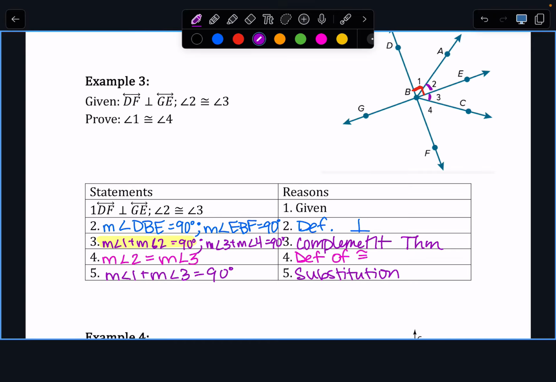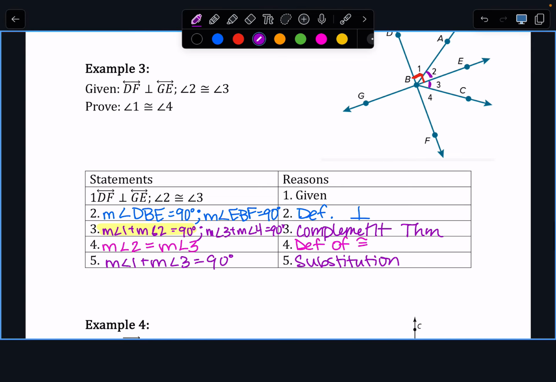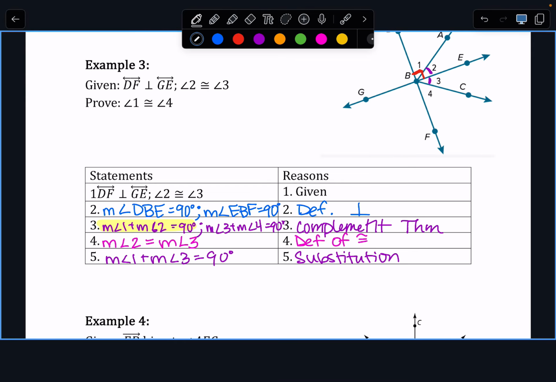Okay, now what can we do? Add another line. But I still got to get to 1 and 4 are the same.